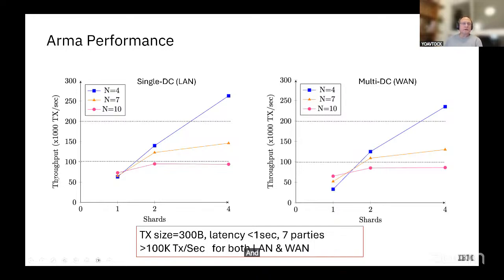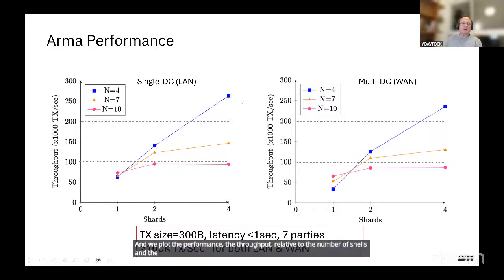And we plot the performance, the throughput, relative to the number of shards and the number of parties.